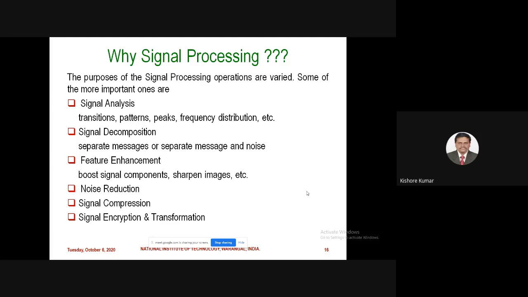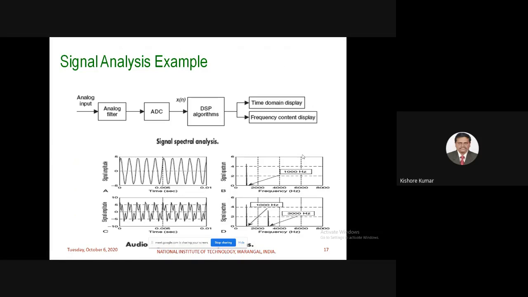So up to now we have discussed the signal, then the system, then real-world signal processing, then why we want to go for signal processing. Signal analysis I am just giving some exposure.